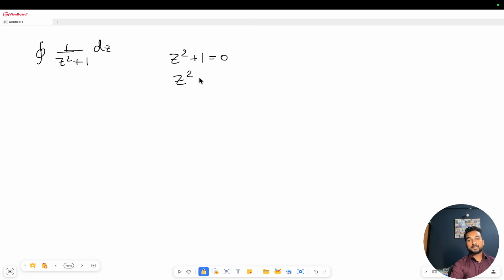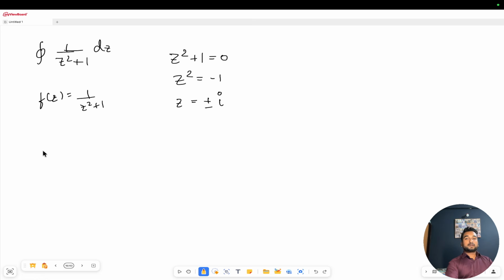Whatever points you get by solving this will be your singular points. So for this function f of z equals 1 upon z square plus 1, z equals plus minus iota are your singular points. There are two singular points for this. That means at these 2 points your function is not analytic.